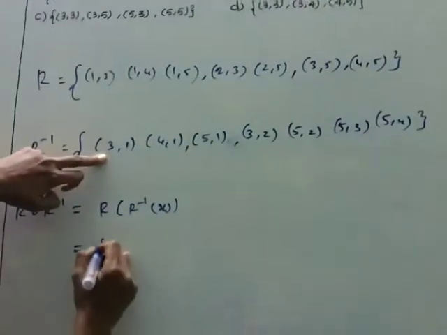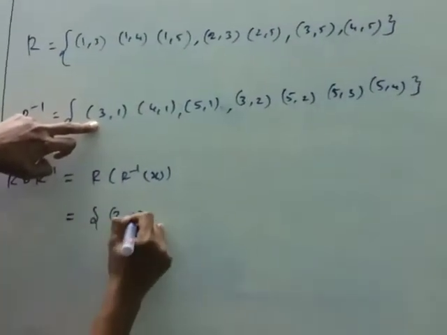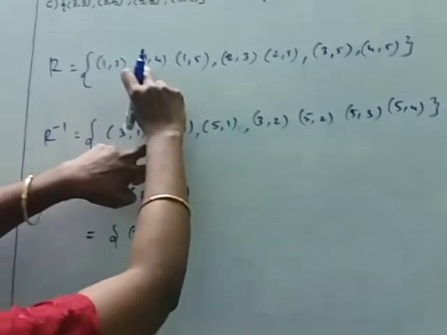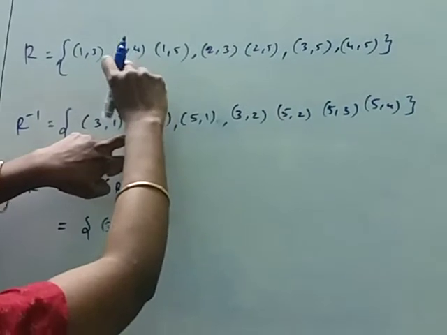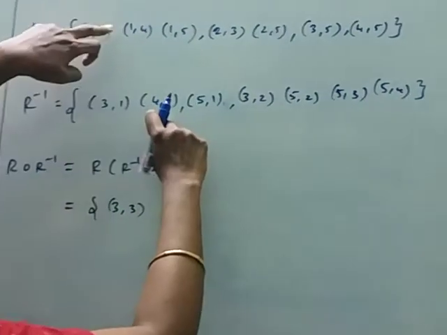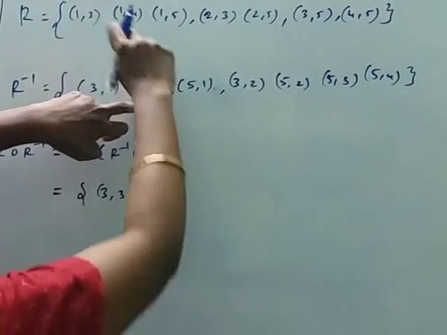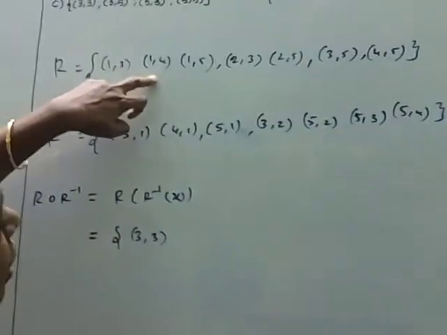So you get 3 comma 3. The first one is 3 comma 3. Next, the image of 4 is 1, and then the image of 1 in R is 4, so the answer will be 4 comma 4.